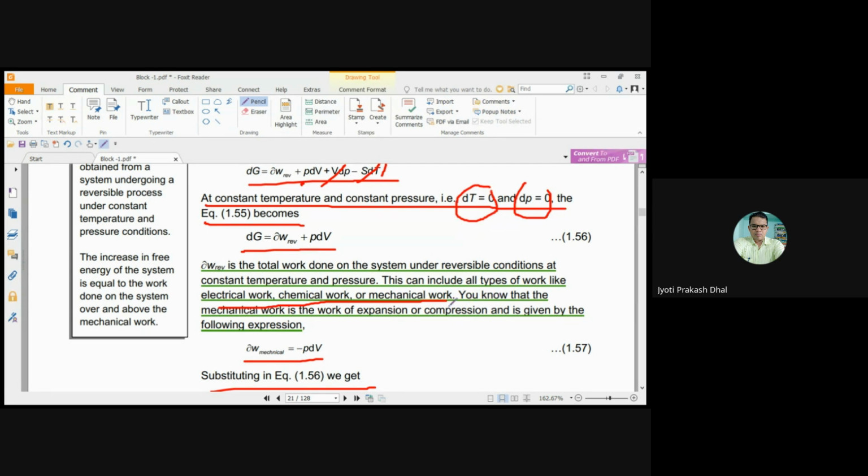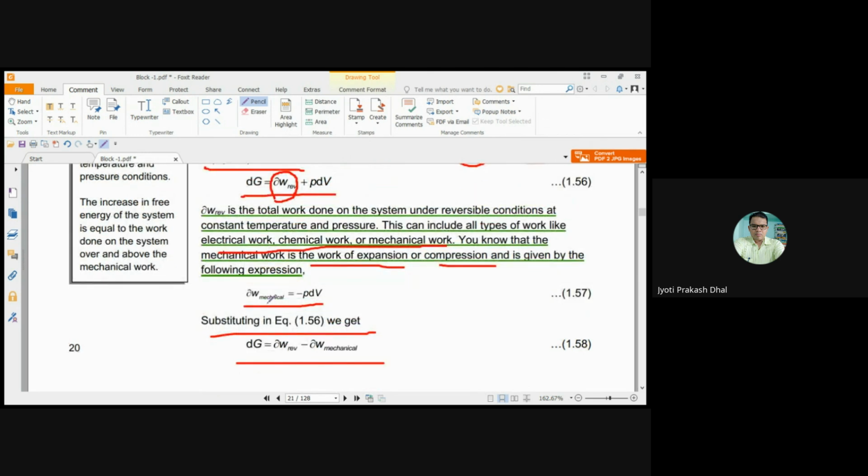This can include all types of work like electrical work, chemical work, mechanical work, and also pressure volume work. You know that mechanical work is nothing but work of expansion or work of compression, that is called pressure volume work. If you consider only mechanical work here, and if you consider expansion, then δW mechanical equals minus PdV.